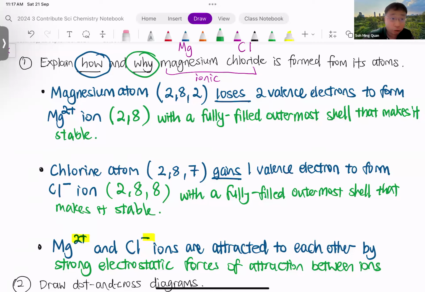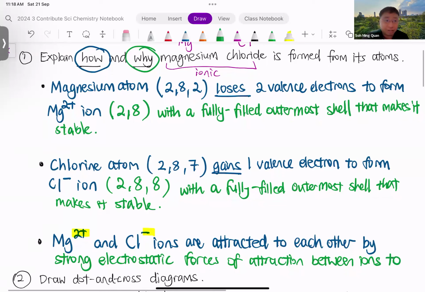So these forces of attraction are strong. They require a lot of energy in order to overcome them. The meaning of the word electrostatic means the positive and negative attract. Opposites attract. That's called electrostatic. Okay, so these are strong electrostatic forces of attraction between ions.